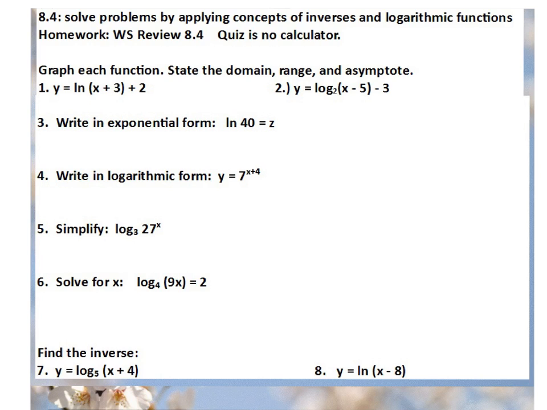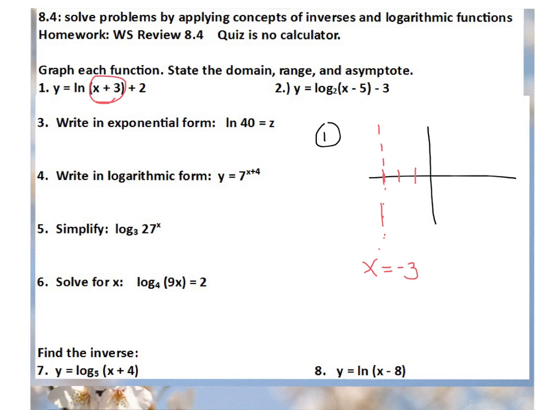Okay, so for number 1, for that graph, we're going to start with the vertical asymptote, which is when the argument equals 0, and that's at x equals -3. And now to get our key point, we're going to plug in an x value 1 unit to the right of the asymptote.